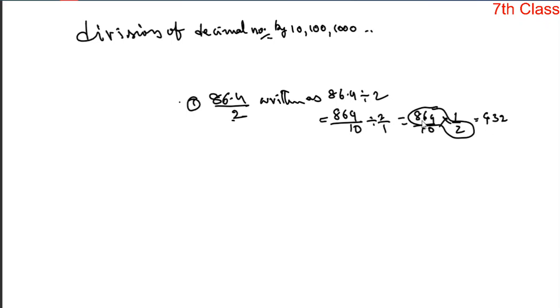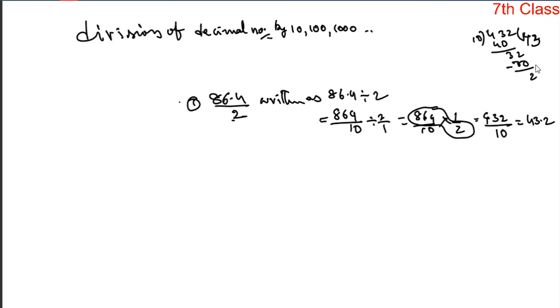So 864 by 2 is equal to 432, so 432 by 10, which is equal to 43.2. That is 432 divided by 10. 4 tens are 40, minus, 3 tens are 30, minus, 2.